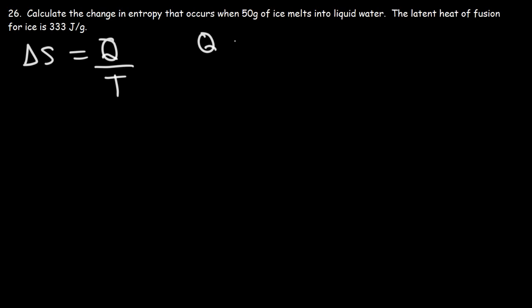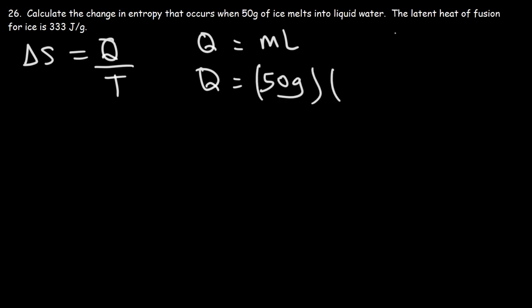Now we can calculate Q using this equation. It's going to be the mass times the latent heat of fusion, since we're melting ice and we're not changing the temperature. So the mass of ice is 50 grams, and the latent heat of fusion for ice is 333 joules per gram. So what that means is that it takes 333 joules to melt 1 gram of ice.